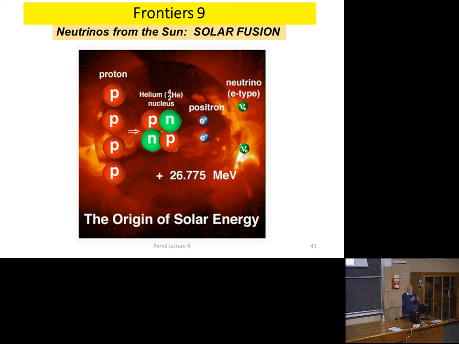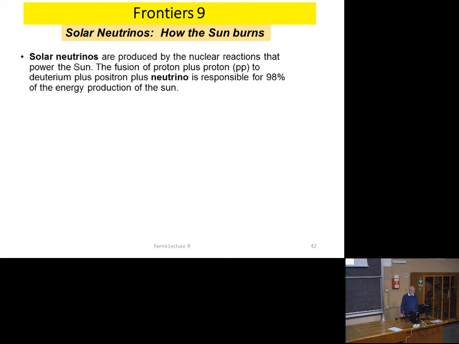They're associated with that solely. So the electron neutrino is the one in this case that's made. So the solar neutrinos are produced in this electron process.